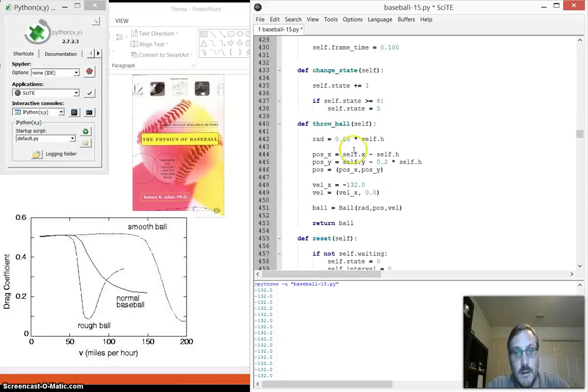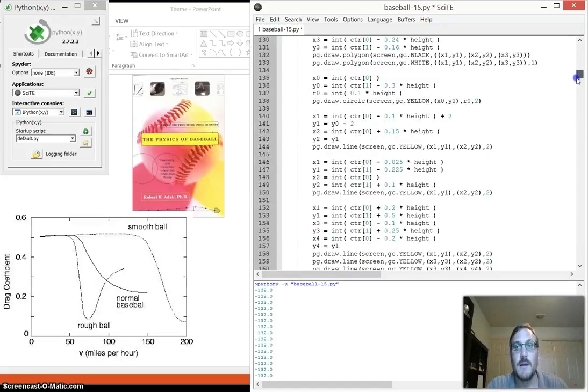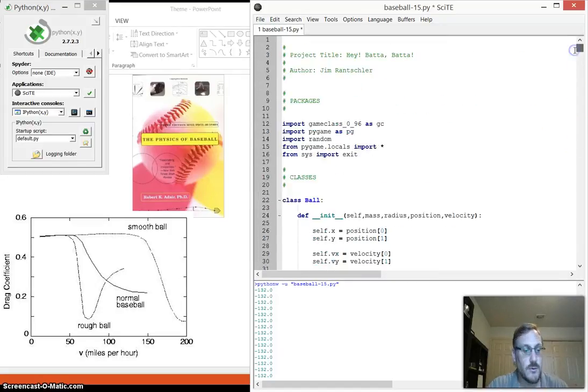He throws the ball. So he's going to have a mass in here. That's the mass of the ball. Or I could just put it in the ball class. It's always 0.32 pounds. And then we put the mass in here. And hopefully, if that's fine, so far there should be no problem.